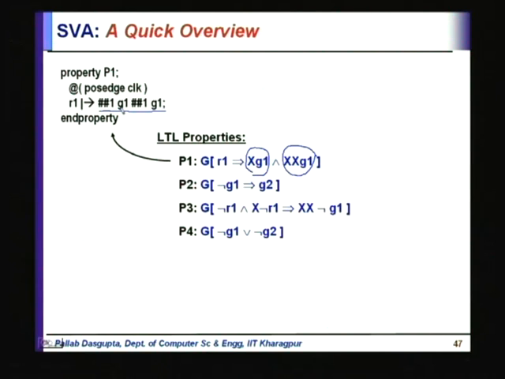But here this is one single sequence expression. It is not two different expressions. It says next cycle G1 and then next cycle G1. So, G1 followed by G1. Is that clear? There is a difference between writing it with an and the way that this sequence expression is written. Clear?